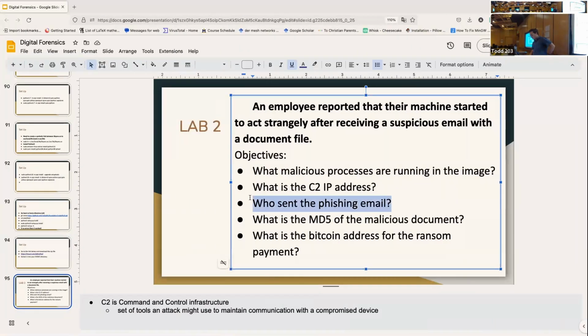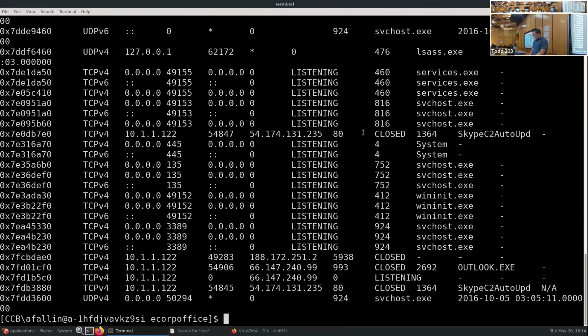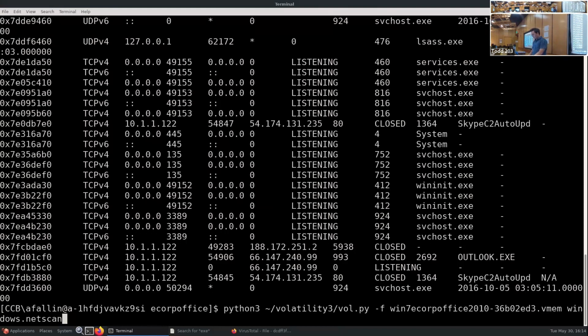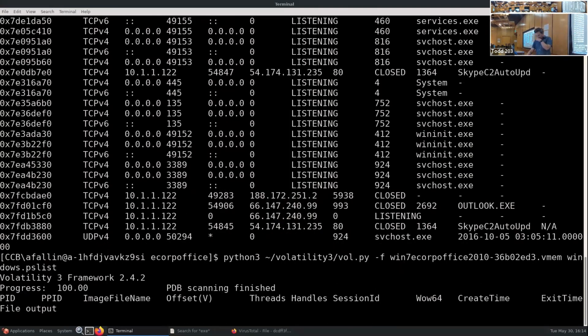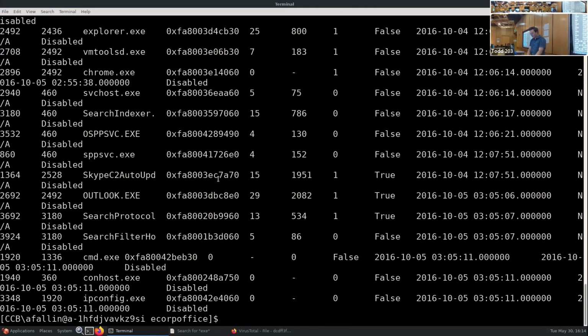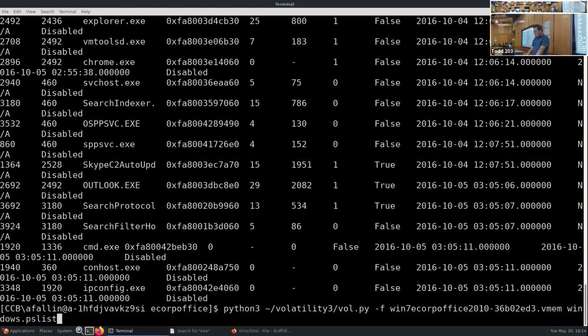So let's go and try to figure out who sent this phishing email. I'm going to run pslist, just going to list out all of our processes. For anybody who is following along, that's the command.